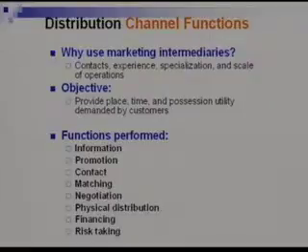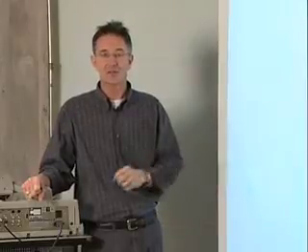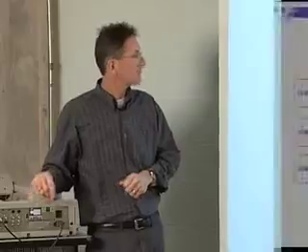The wholesaler may buy the product from the manufacturer and turn around and sell it to the retailer, so they provide cash back to the manufacturer, and they also take some risk in that they will sometimes own the product and transport it, and they'll take that responsibility on. So all sorts of different functions are performed.